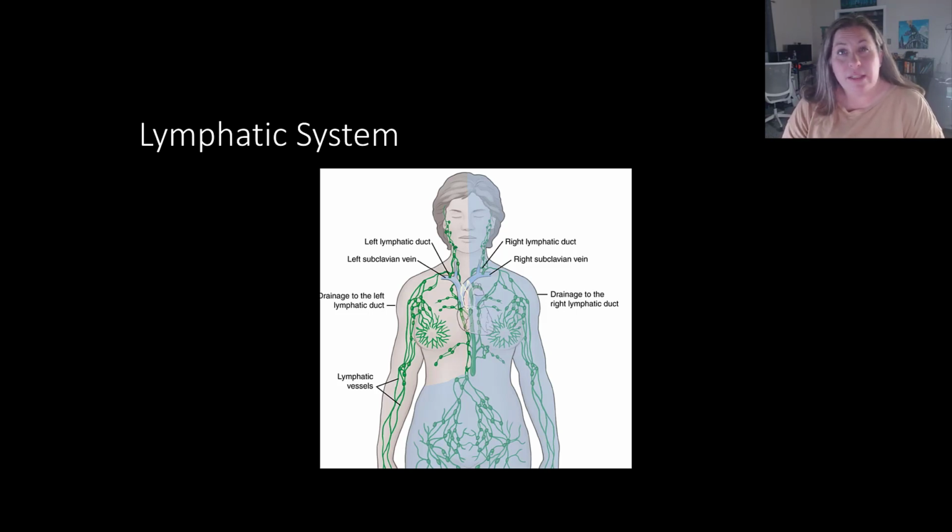It absorbs and also transports fats from your digestive system, which are then put into the blood also. And it serves as an important part of your immune system, because these lymph nodes that are located strategically in all the different areas of your body contain B cells and T cells, which are part of your immune system. So your immune system works with your lymphatic system as well.